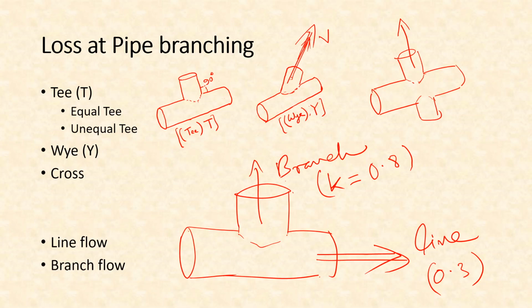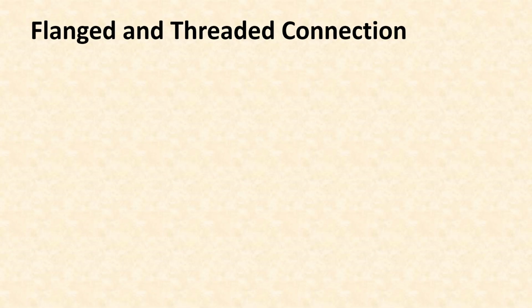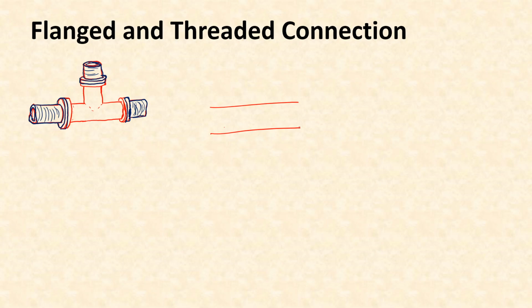Again, these kinds of branches or bends and all those things can be connected in different ways. They can be flanged connections or threaded connections. A flanged connection is like this, where we use a flanged end of the pipe and also a flanged end of the connector. That means if this is the pipe, at its end it will be flanged like this. If we want to draw it better, it will be something like this.